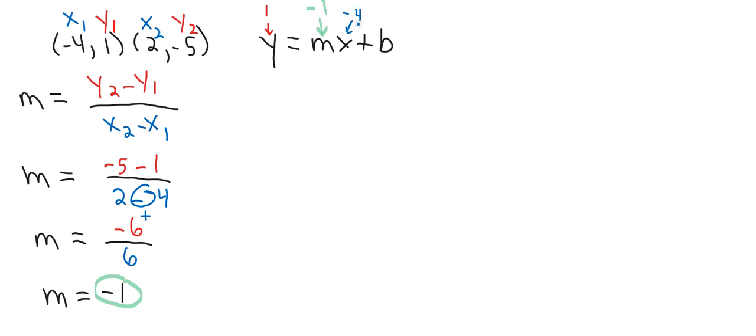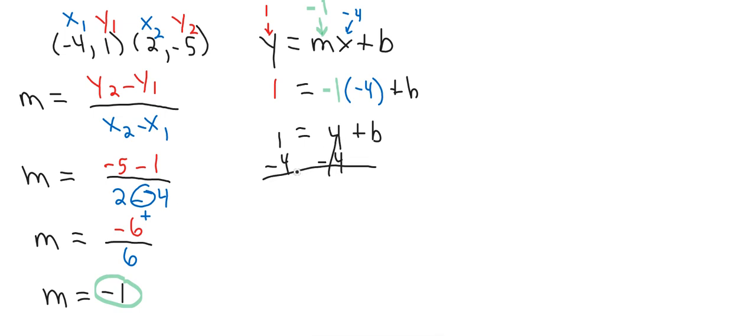So we have 1 equals negative 1 times negative 4 plus b. So 1 equals positive 4 plus b. So we subtract 4 from both sides. You get negative 3 equals b.